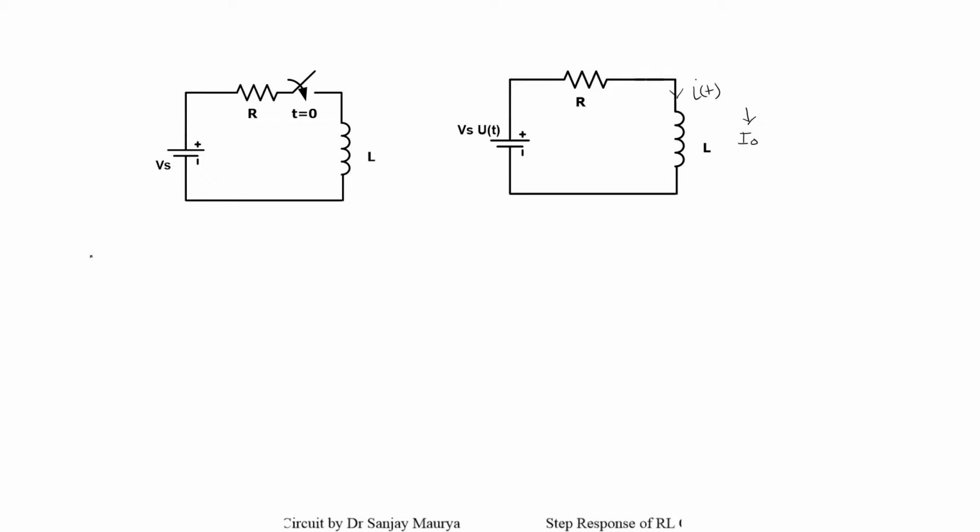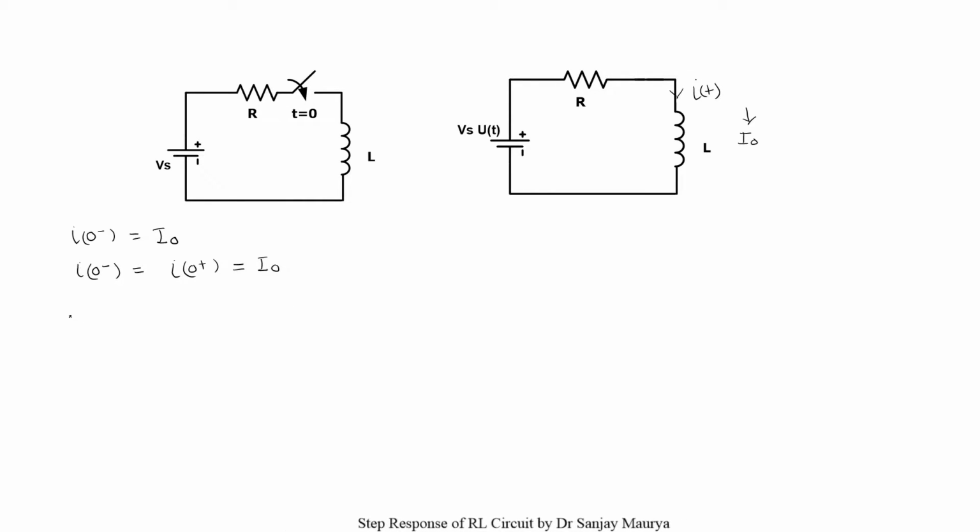So just an instant before closing the switch, the current across the inductor i(0-) will be equal to I naught. Since we know that the current across an inductor cannot change instantaneously, I can write i(0-) is equal to i(0+). i(0+), the instant just after closing the switch, is equal to I naught.